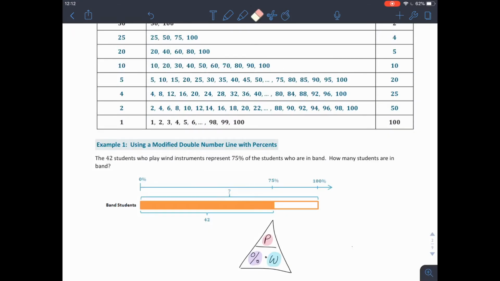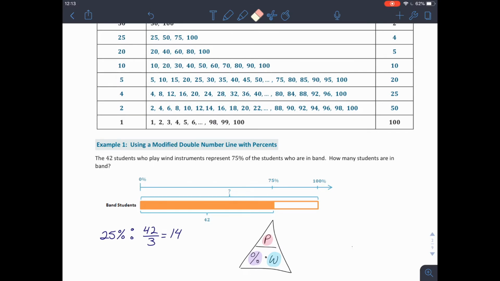The 42 students who play wind instruments represent 75% of the students who are in band. How many students are in band? So if we think to what we know about our multiples of 100, 75% is one of the multiples of 25. And there are 4 25s in 100. So I have here 3 sets of 25.